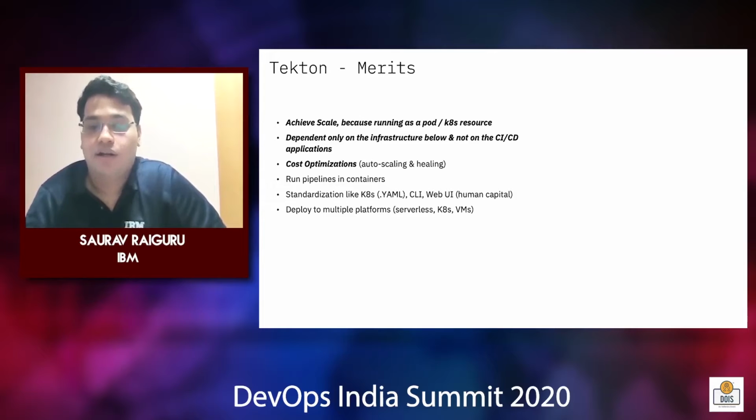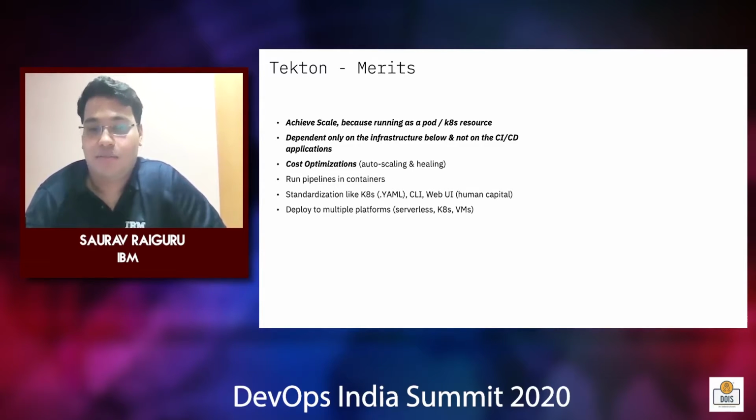So imagine a hello world task being called 5,000 or 10,000 times. The controller which is watching on top of this would immediately start scaling and healing as and when there is a resource needed.